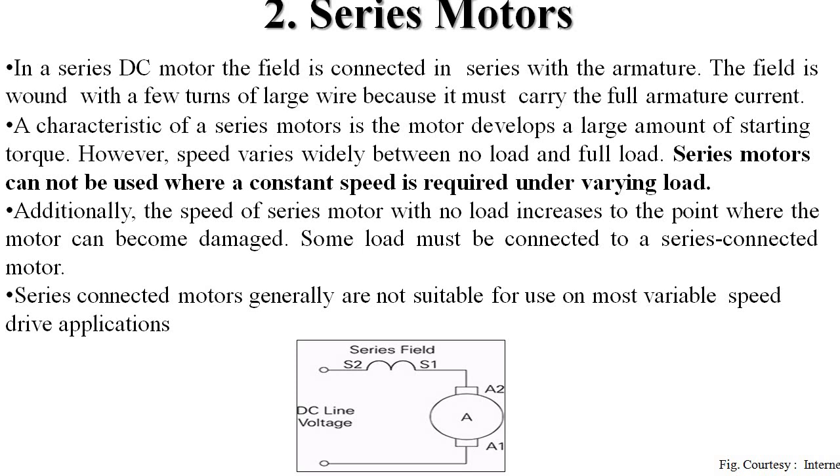The large conductors in the armature and field windings provide only resistance to flow this current, and since these conductors are so large, their resistance is very low.